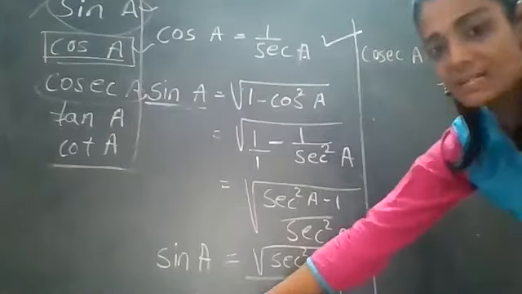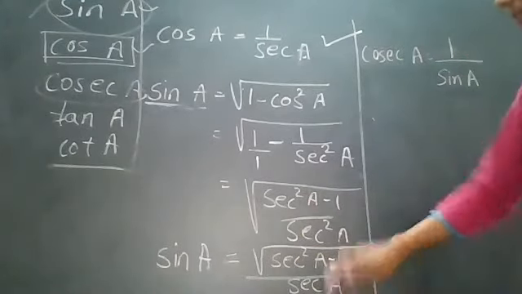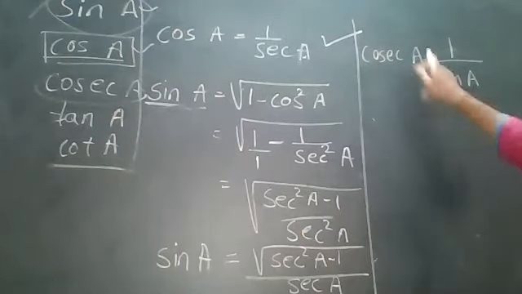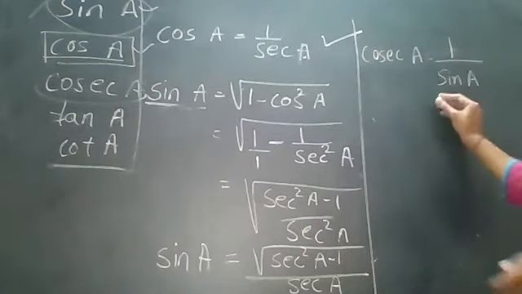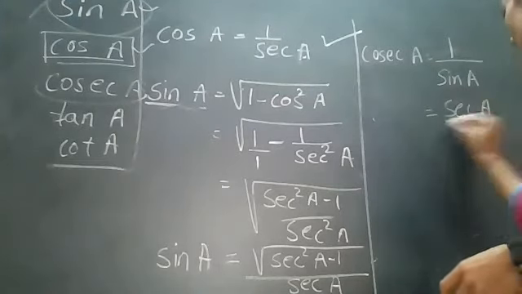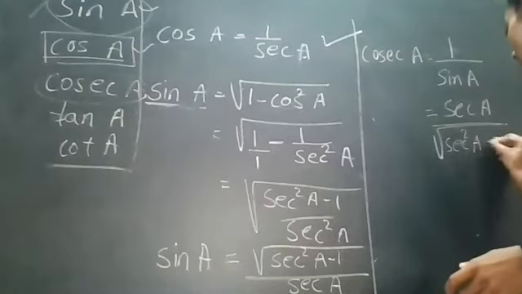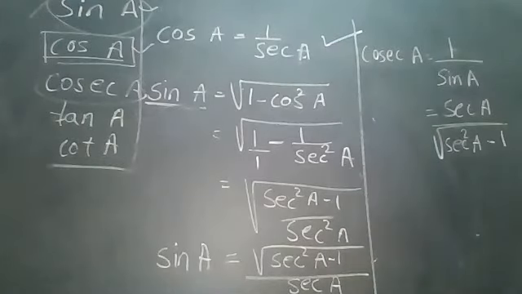Because we found the value of sin A. You just put the reciprocal of this term and you get cosec A. So the answer will be sec A upon under root of sec square A minus 1. Just the reciprocal of sin A gives cosec A.